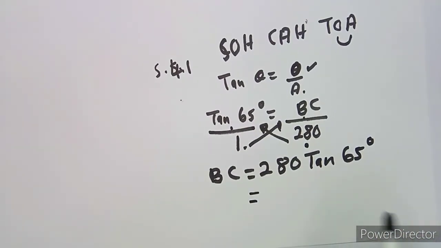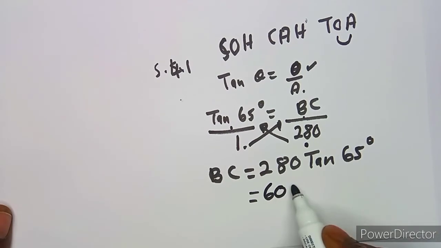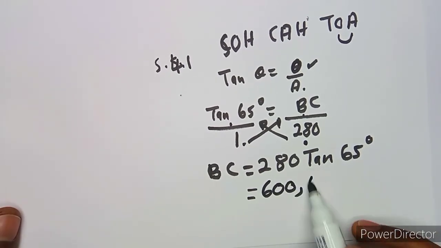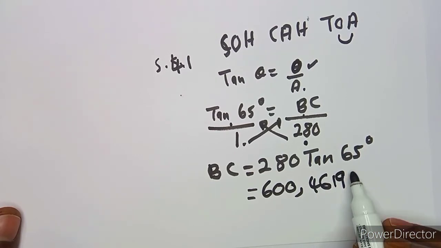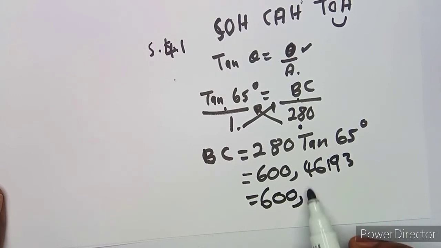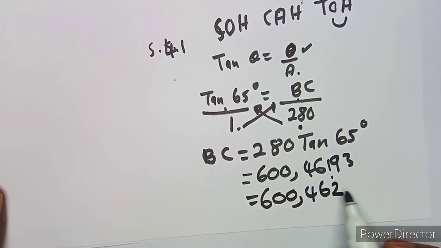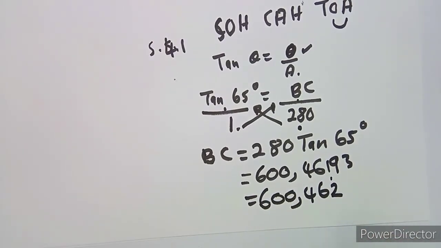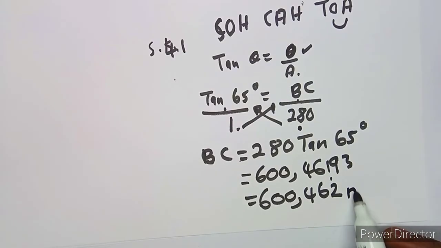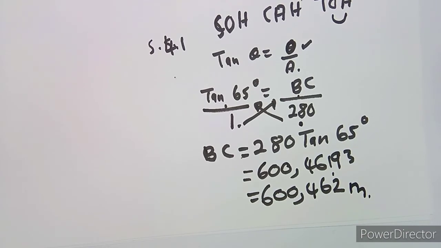So 280 tan 65 is going to give us something like 600. Make sure that you use your calculator in degrees. It gives 600.46193, something like that, to 3 decimal places, which is 600.462. Remember the units are meters, so this is also in meters. So that is the height of the tower.